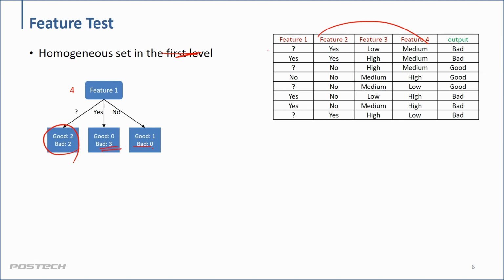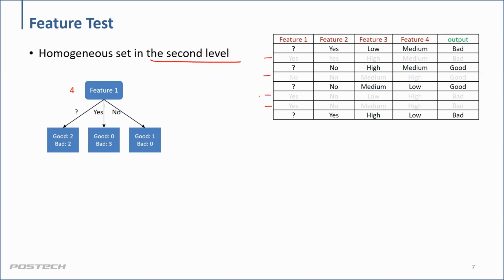Let me show you the animation. These are already classified in the first level, so we don't need to worry about them at all. So in the second level, we ignore those because they're already separated, and only 4 of them remain.